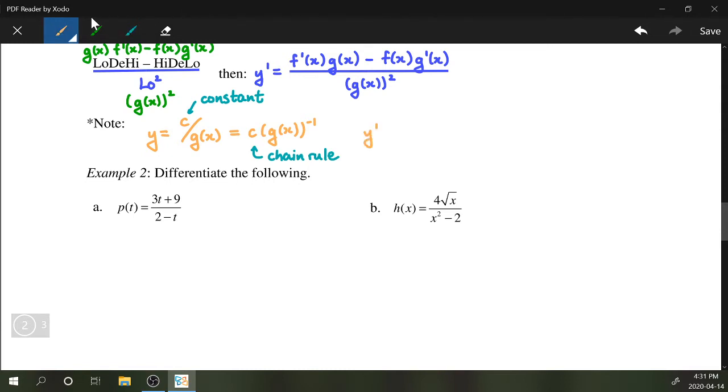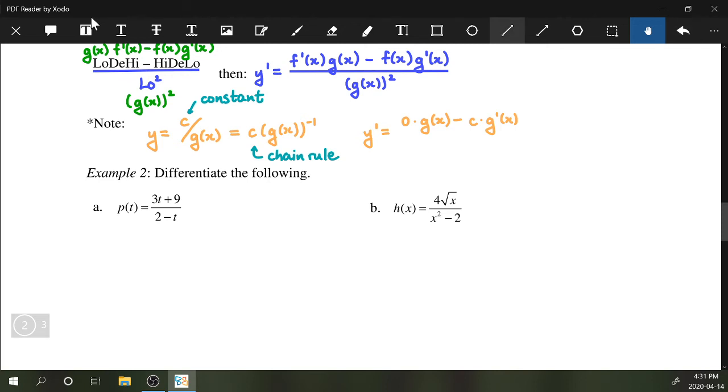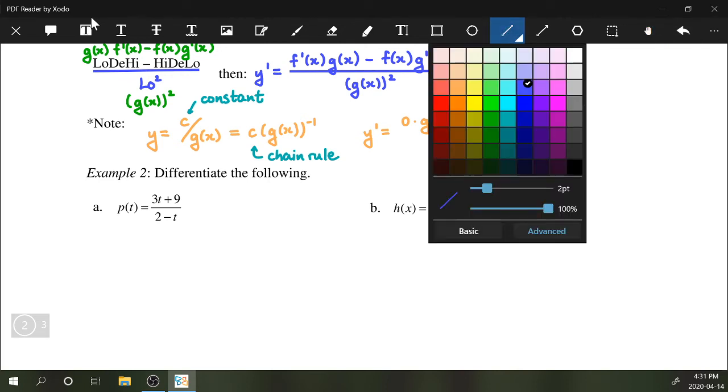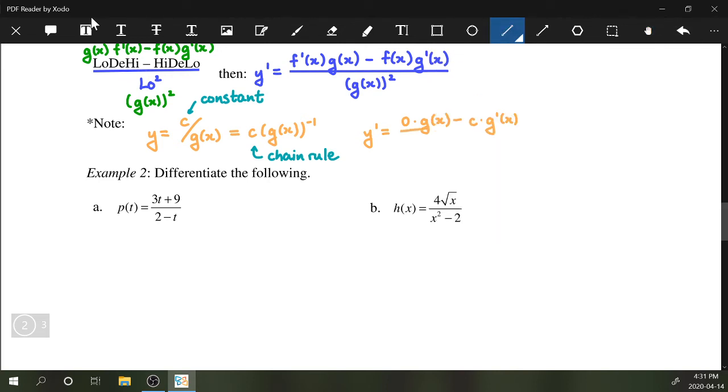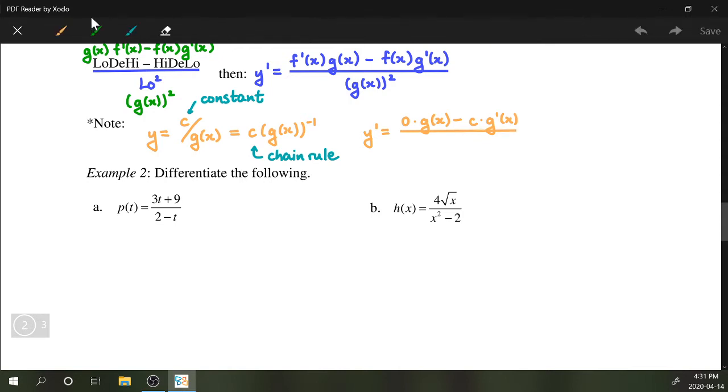Now, as you know, the derivative of a constant is 0. So we have 0 multiplied by g of x minus, and then c times g prime of x. And then this will be all over, as you know, g of x squared.